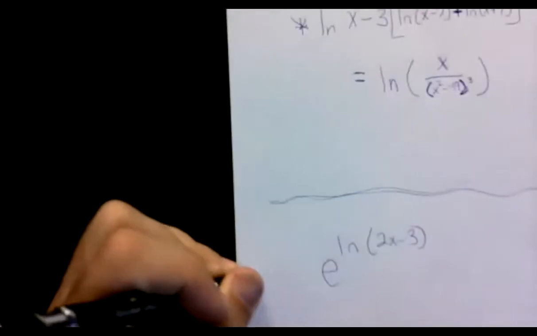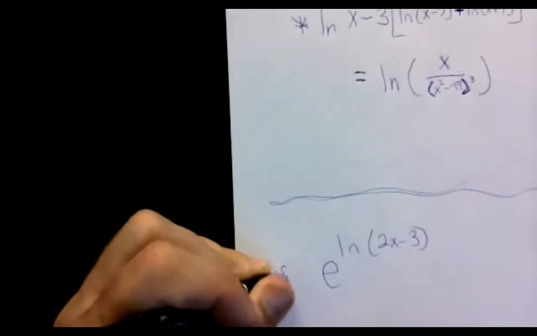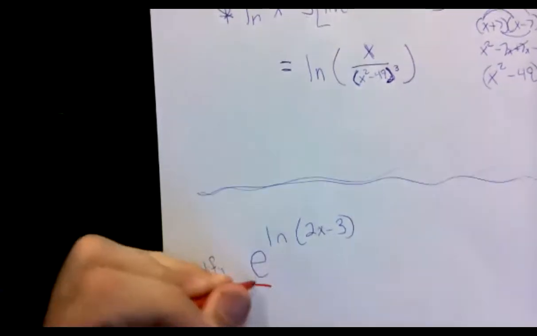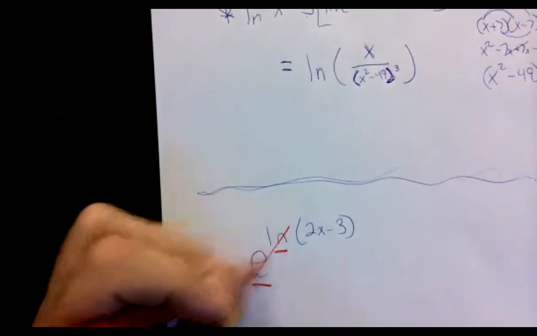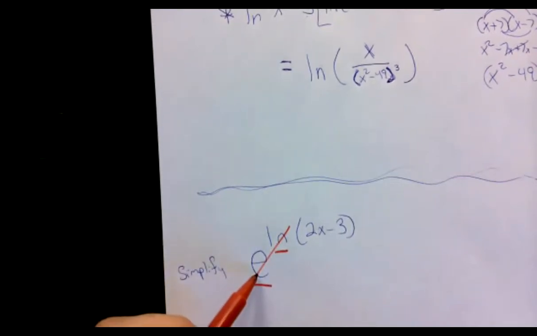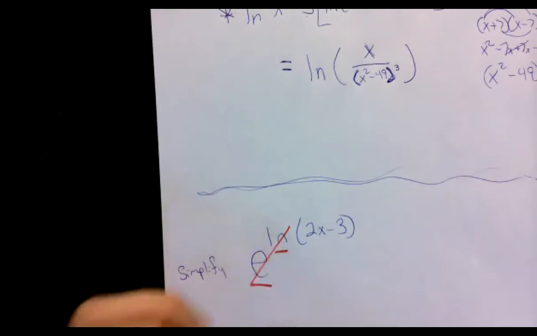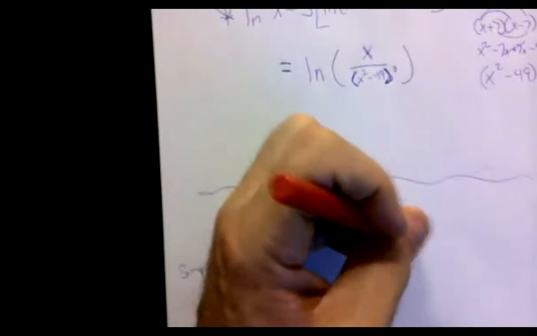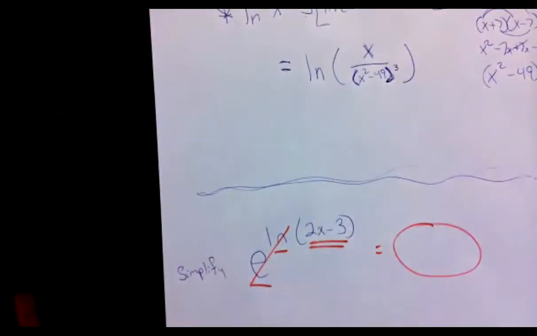So if they told us to simplify this, this e and this natural log basically cancel each other out. So e is a number, natural log is log base e. So e to the power of natural log is just whatever is here. So that would be that 2x minus 3.